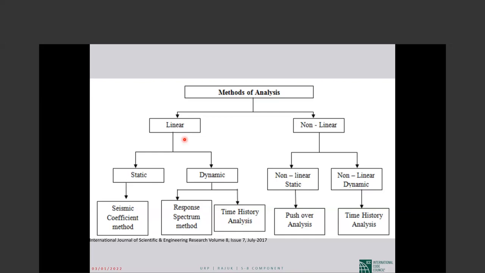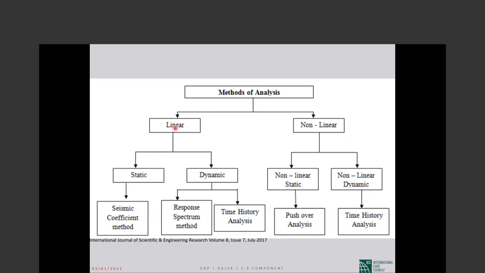Just the values of material properties, such as f prime c or fy, will be the expected values, because they are not scary parameters. In the previous session, we did a review of those.